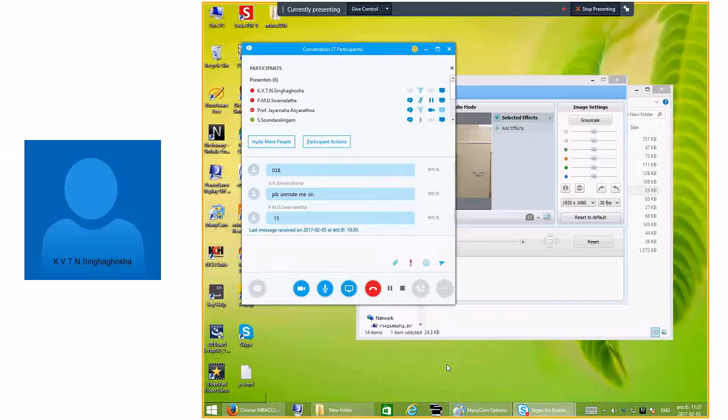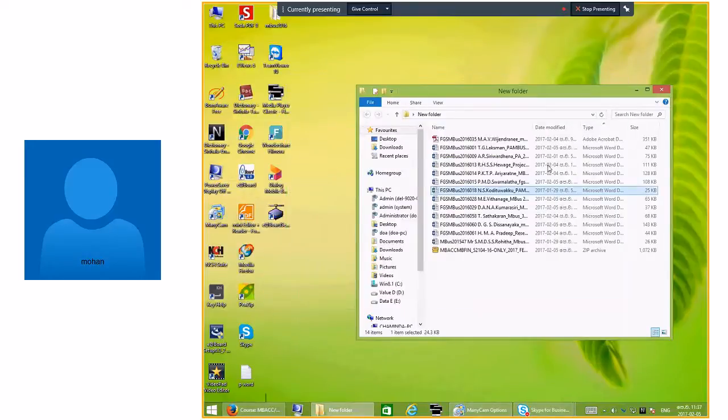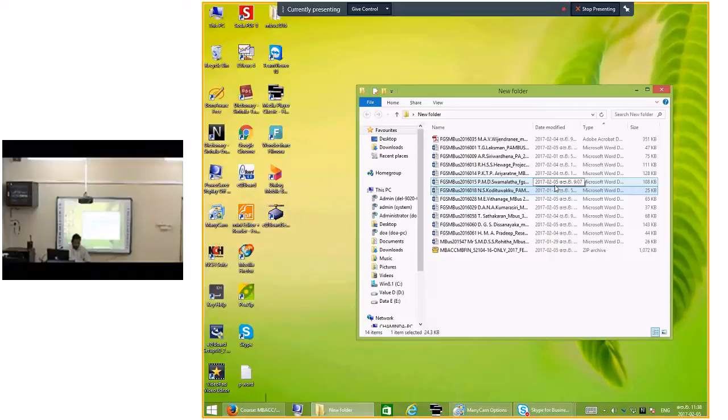Number 51, Mohasundaram. Sir, I'm 61, Kumaran. 61, you have not taken an appointment today. Not confirmed. Number 60, Dasanayaka, are you ready? Yes, she is ready.